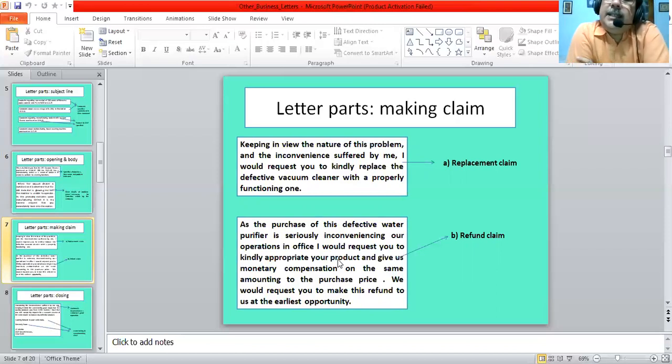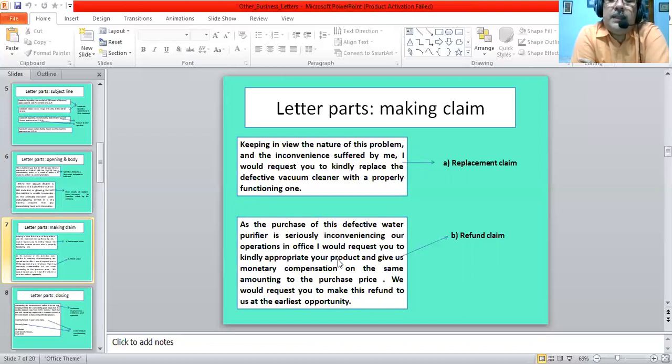So what is the subject of this second letter? Obviously, it is a defective water purifier. Now, this defective water purifier has been purchased for some office and it is inconveniencing all the office goers or the members of that office, the employees.